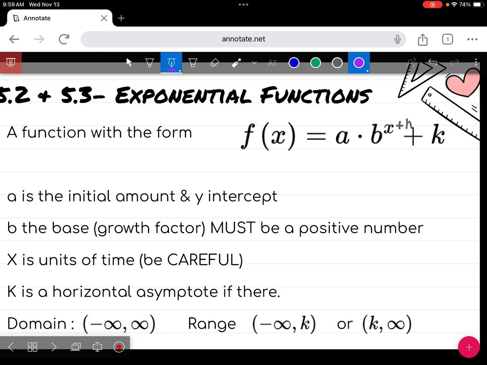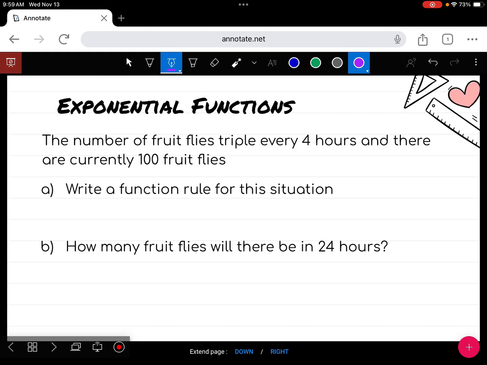Because what we're going to start with is just looking at our a times b to the x. I'm going to give us a very basic story problem. We're going to write an equation, and we're going to make an estimate on what's going to happen. So, I'm going to change it in 3, 2, 1. So, we've got fruit flies. That is a very common type of problem we're going to see for exponential functions.